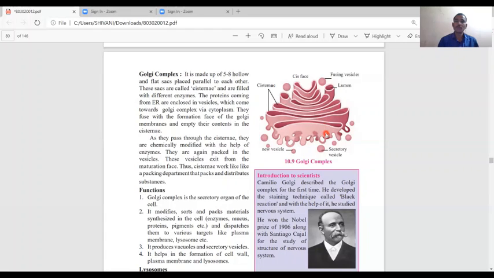So when proteins pass through the cisternae, at that time they are chemically modified with the help of enzymes, and such modified content or modified chemicals are again packed in the vesicles.